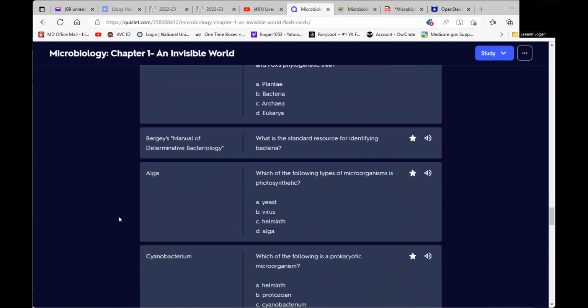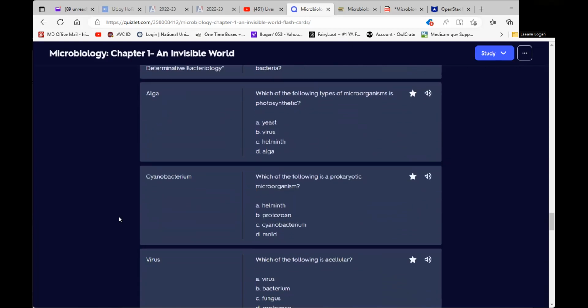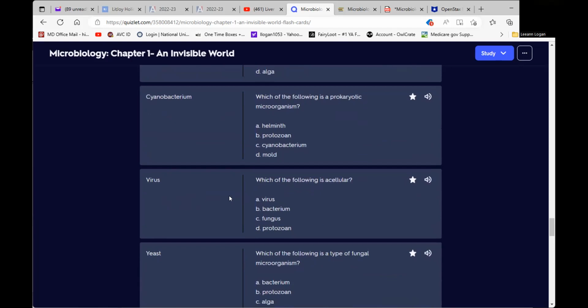Which of the following types of microorganisms is photosynthetic? That would be algae. Which of the following is a prokaryotic organism? Cyanobacterium is a prokaryotic organism, because helminths are worms, so they are multicellular. Protozoans and molds might be multicellular too.